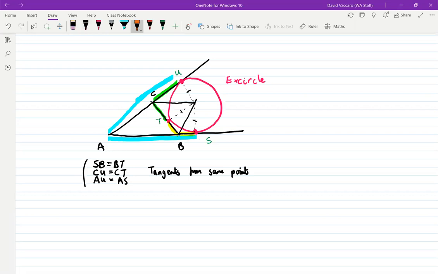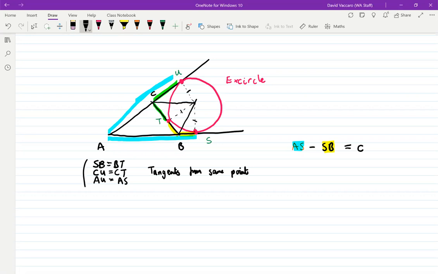Okay. Now, what I know is that AS, which is my blue length, minus SB, which is my yellow length, is equal to what I've called C before.